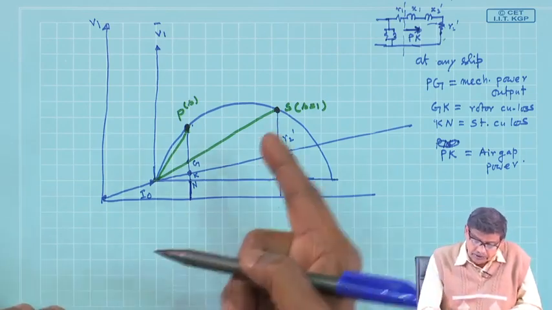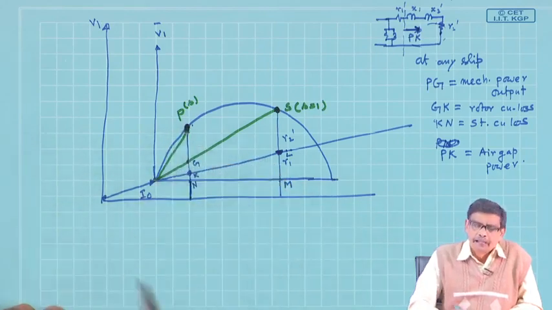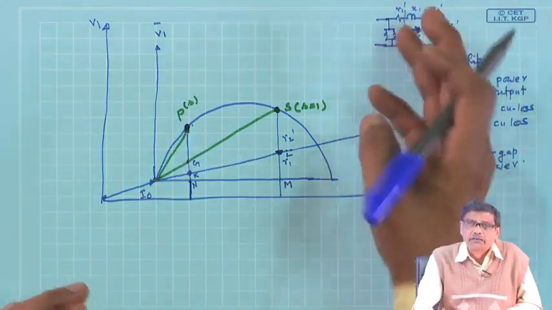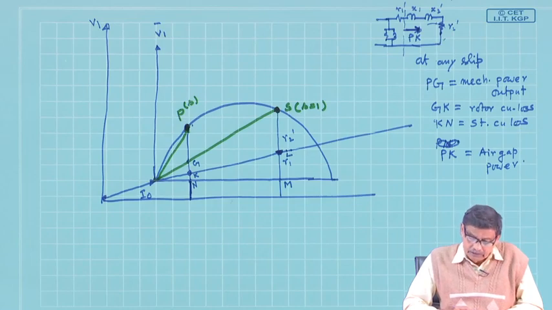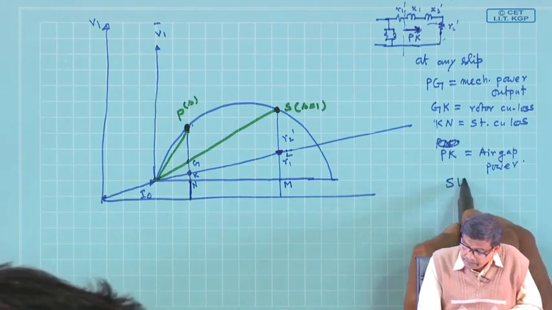Then, corresponding to that 5% slip, I have to fix up this point P, and for that you have to calculate where it should be. You may be asking what the parameter values are, but another interesting thing can be done, that is called the slip line.